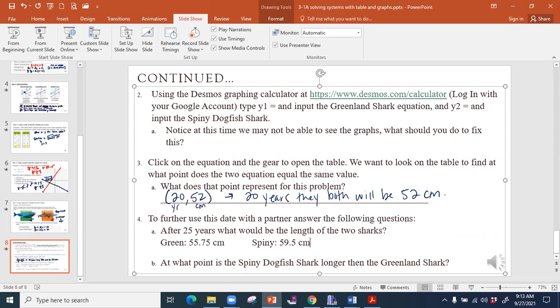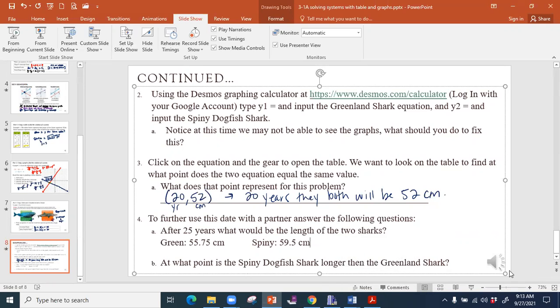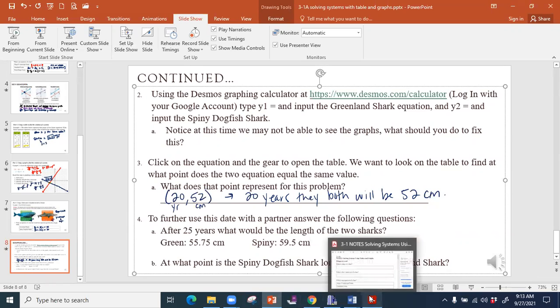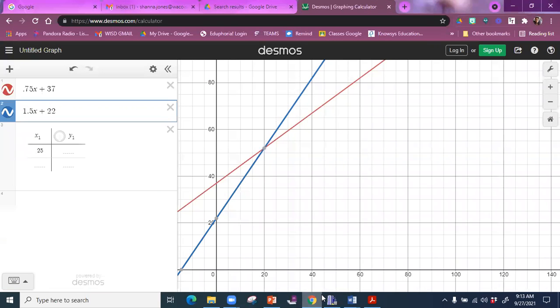Okay. And the last thing we were going to figure out is at what point is the spiny dogfish longer? So graphically, we're looking for when does the spiny dogfish overpower that line? So when we look here, that's at 20, right?